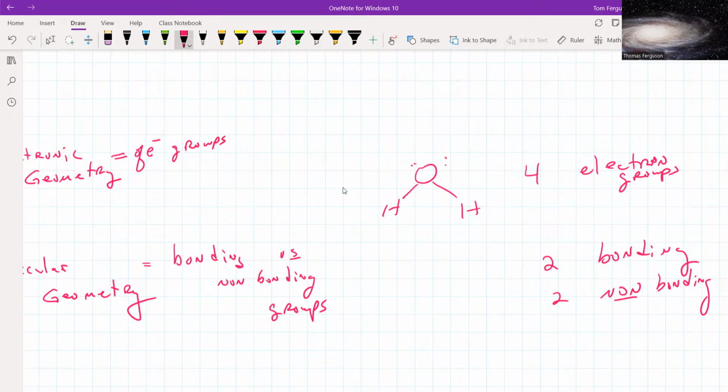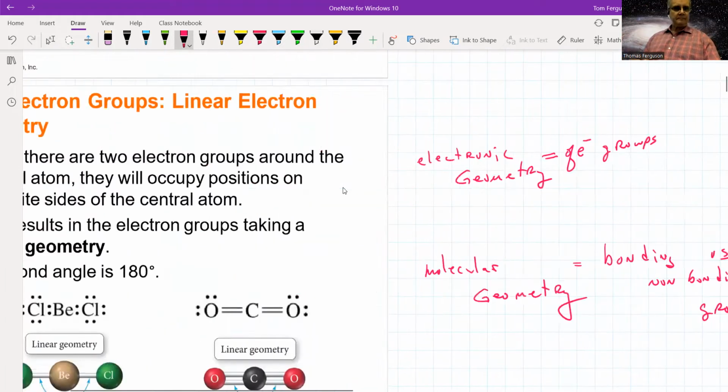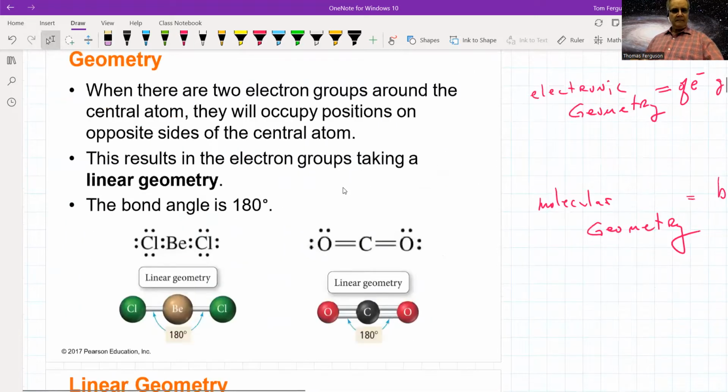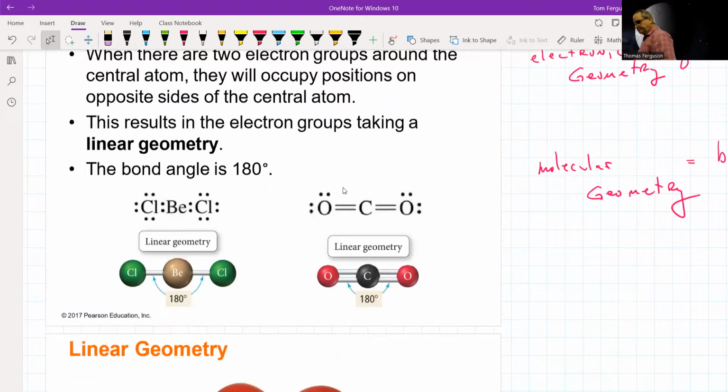The first thing you do is an analysis of the electron groups. So in this case, these are linear, and to be linear, the group geometry and the molecular geometry are the same. So linear is the most simple. If you have two electron groups, bam, linear.